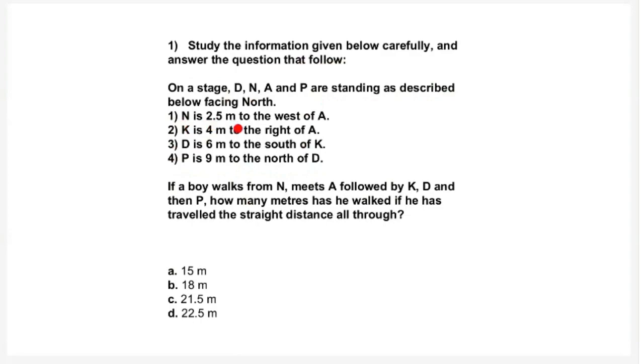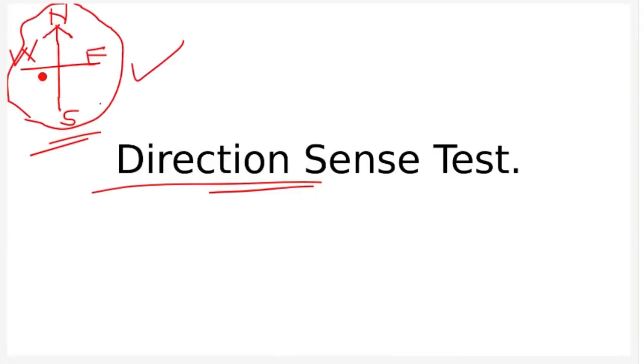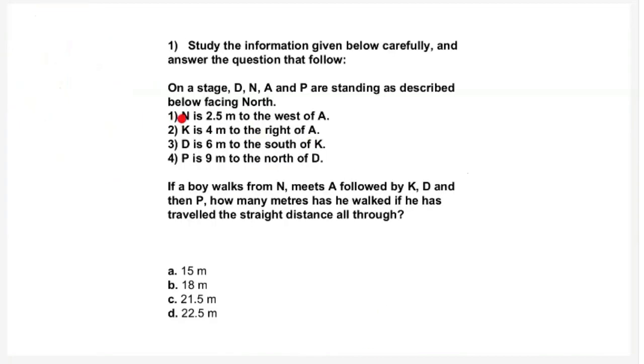N is 2.5 meters to the west of A. As I told you, this is the universal direction. West of A means towards your left hand side. N is 2.5 meters to the west of A.